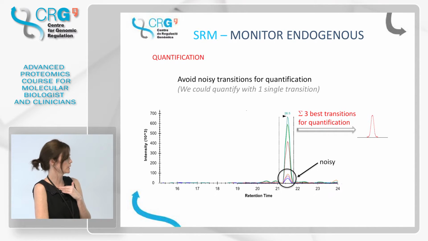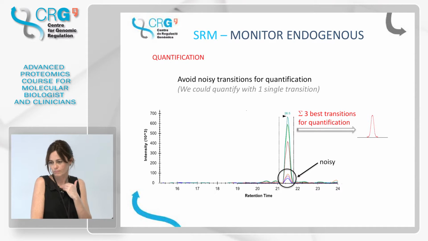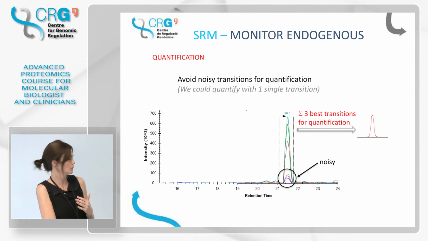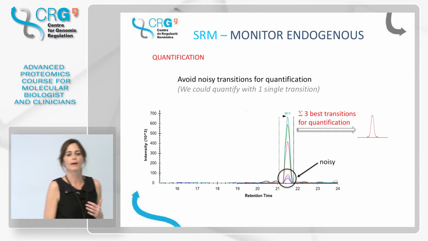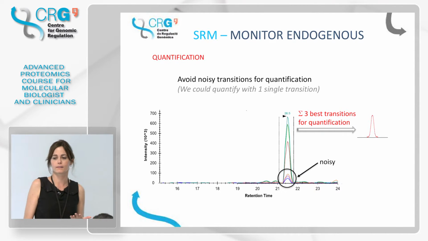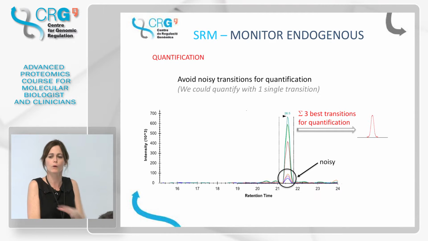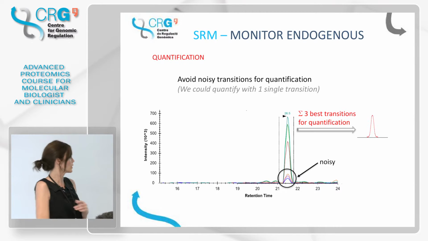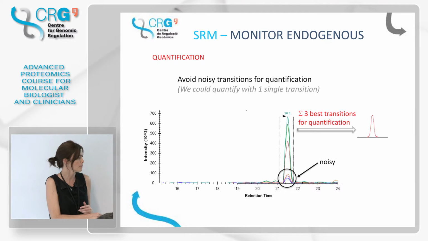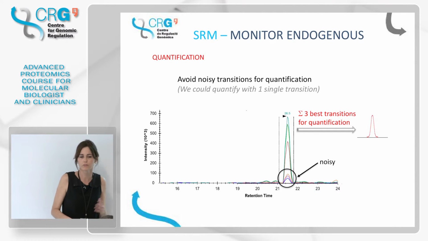These ones are actually quite nice, but they could be even more noisy. They could be at this level. And we decide that these transitions are only adding noise, and it's going to increase variability more than anything else. And we can say, okay, we're going to remove this. Now we see the right peptide. Okay, now we get rid of this, and we're not going to use this to quantify. So we can add up only the best 3, for example.